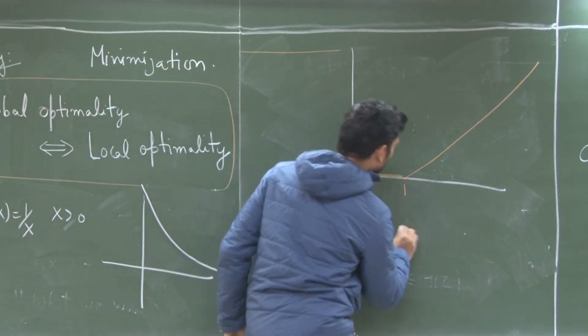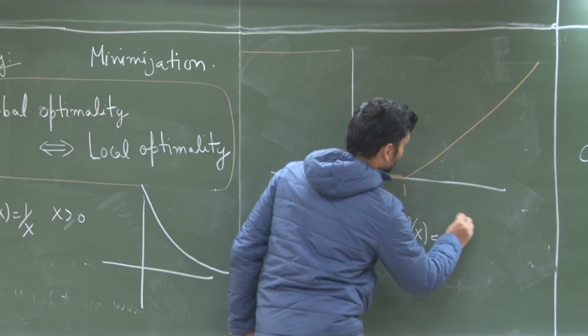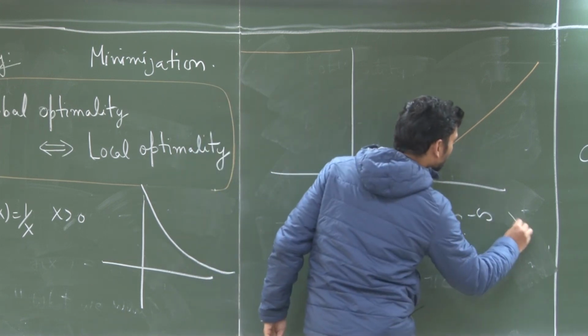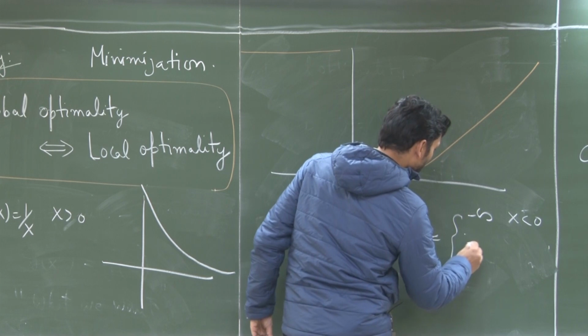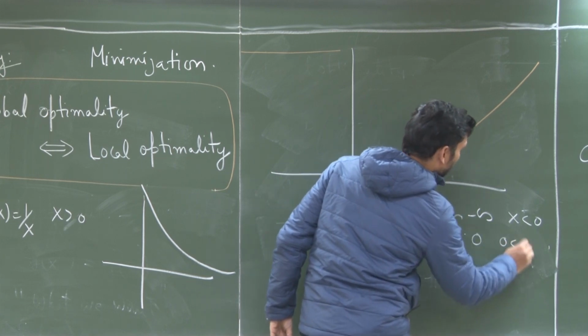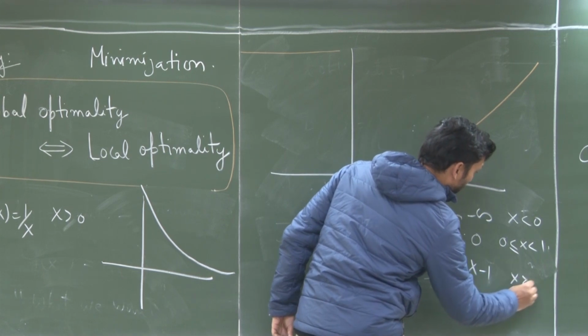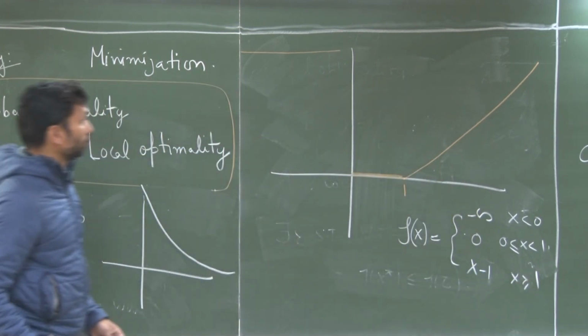So if I want to define it, you will think of it as infinity for x less than 0, 0 up to 1, and x minus 1 for x greater than or equal to 1.